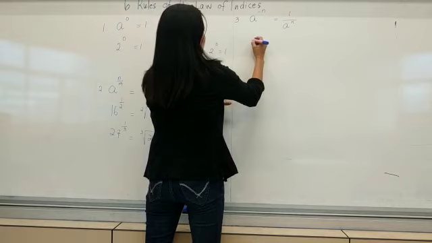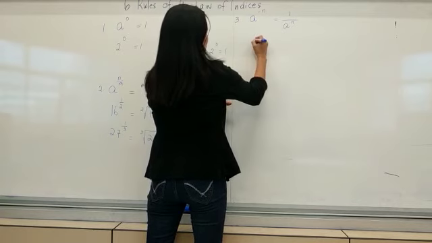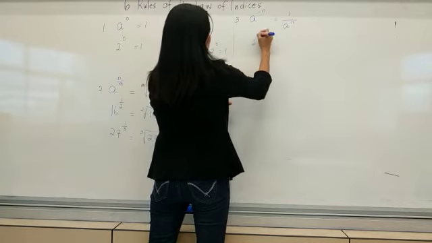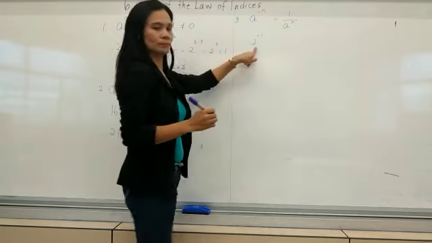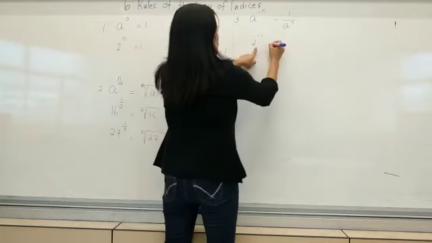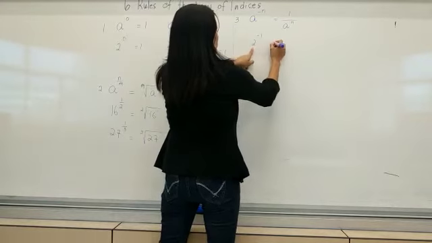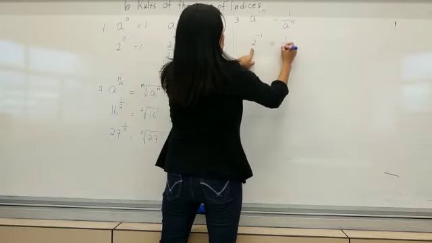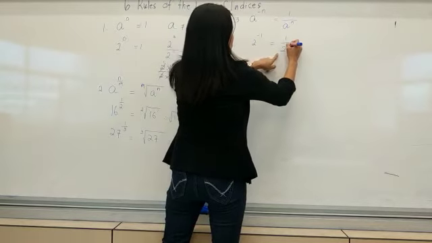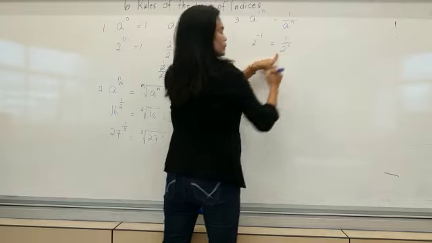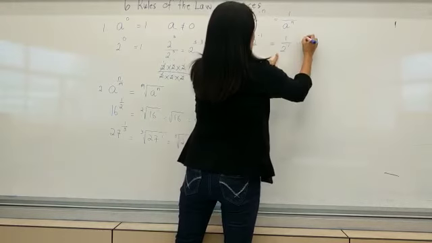Example, we have 2 to the power of negative 1. This is the same way as writing 1 over 2 to the power of 1, or this is 1/2.